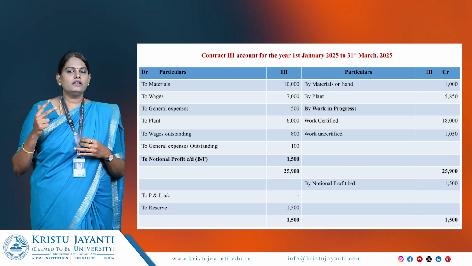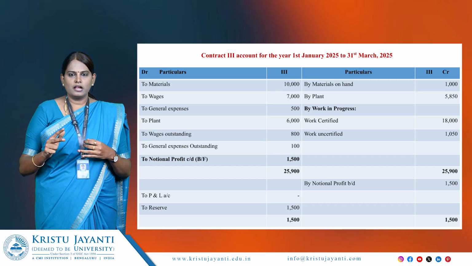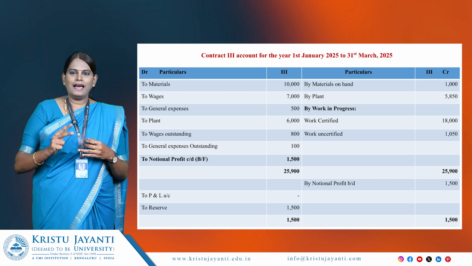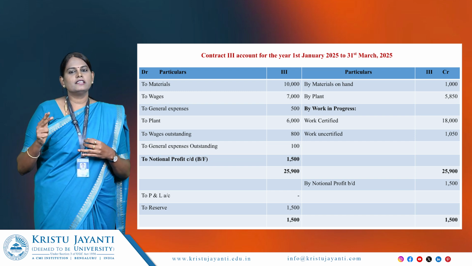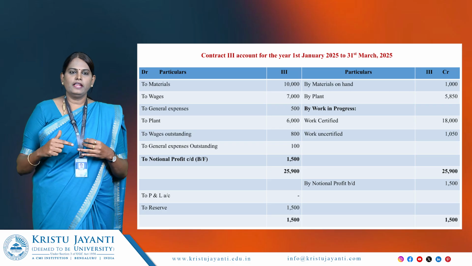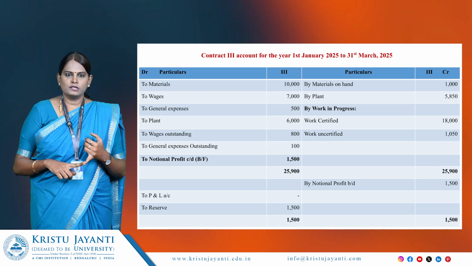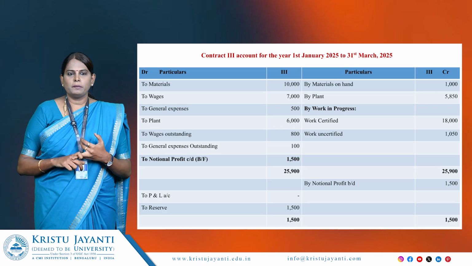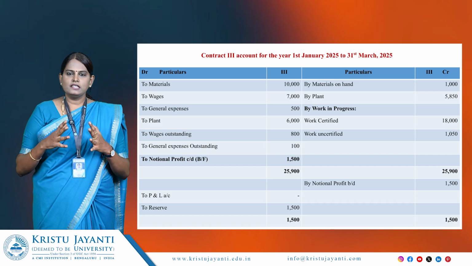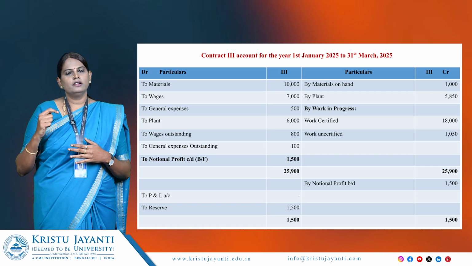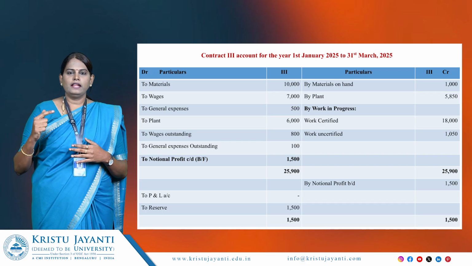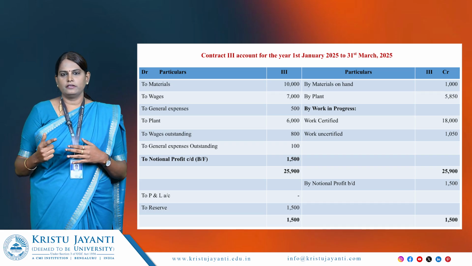So 3 divided by 12, your answer is 150. So the balance on 6,000, which is 5,850, is a credit entry. Then again on the debit side, you have wages outstanding, then the general expenses outstanding. So these are the debit items. On the credit side, you have already recorded the plant depreciation, and the other one is material on hand.